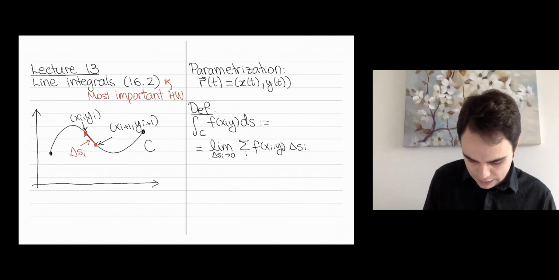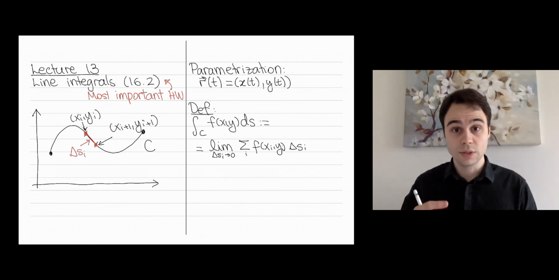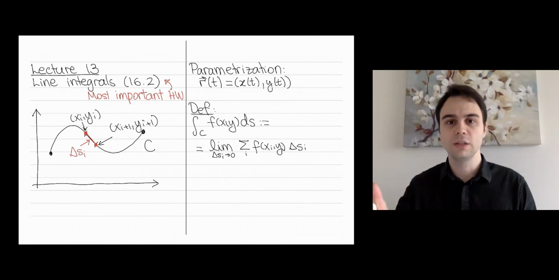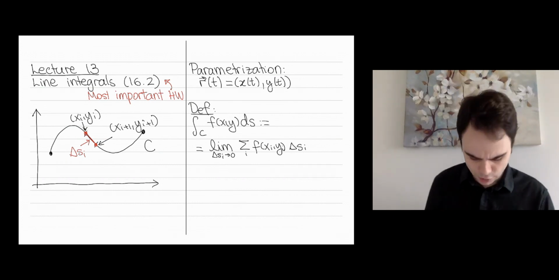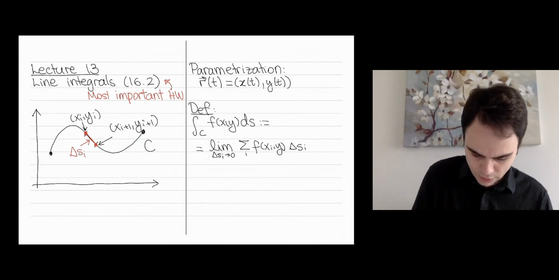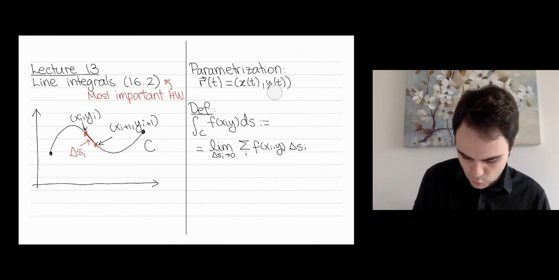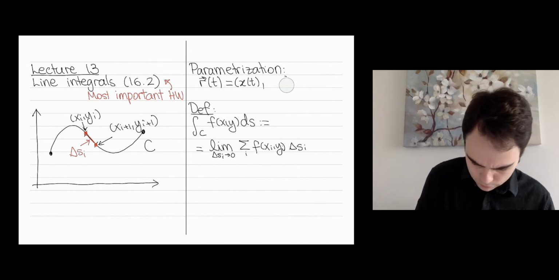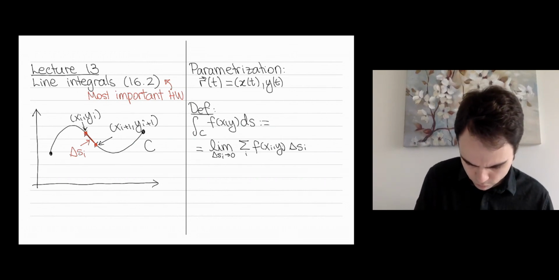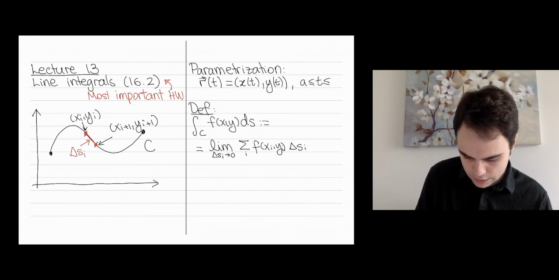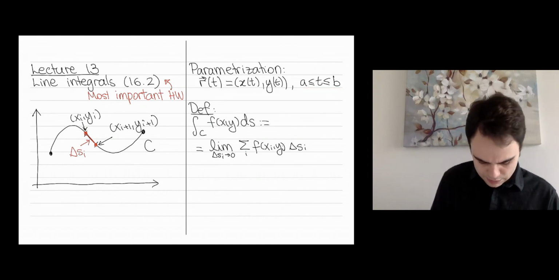If you give me a number t, this vector valued function r of t is going to give me a point in the curve. And r of t has two components, x of t and y of t. For the parameterization to be well defined, I need bounds for t.